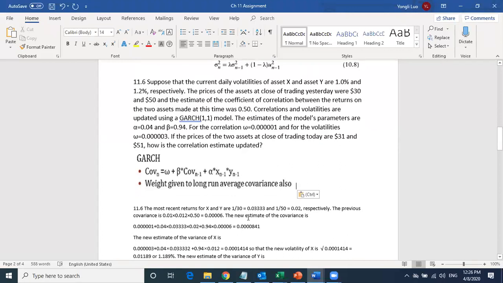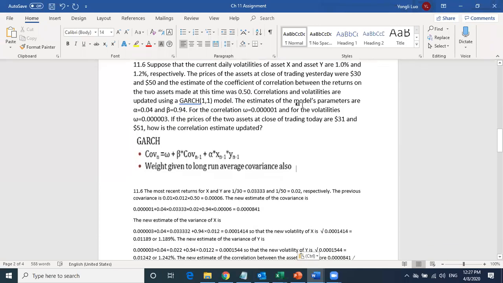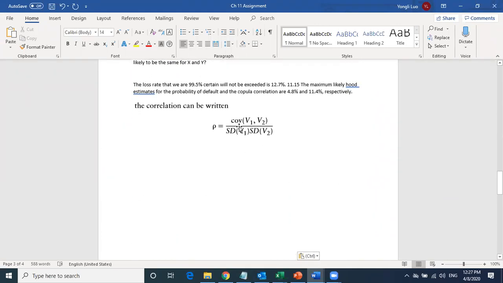The first thing we want to know is the covariance, the covariance of the previous period. Remember, the two assets have volatility. The current daily volatility is a standard deviation.